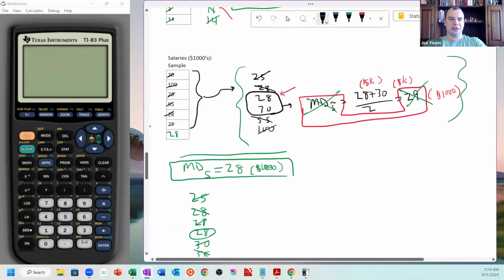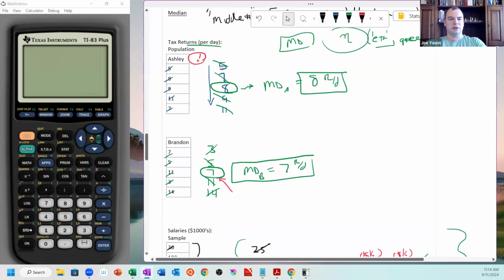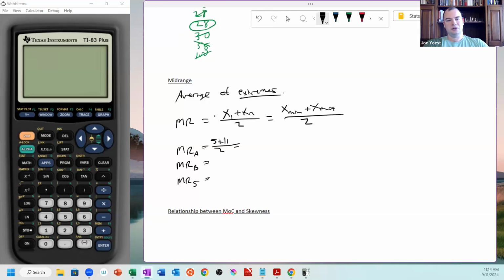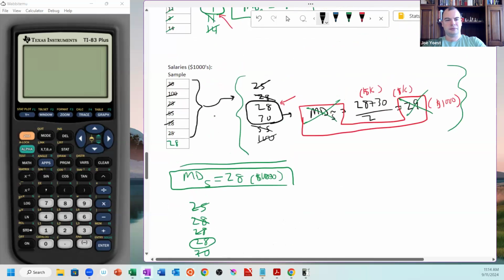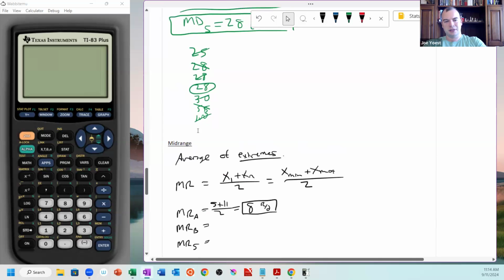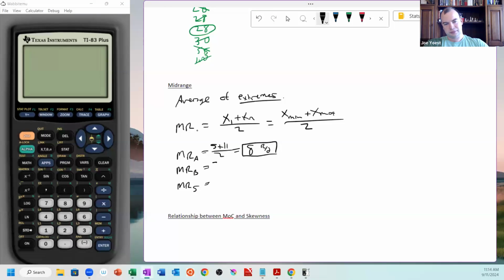It's the average of the extremes. So the mid-range for Ashley, her lowest value is 5, highest is 11. That's 16 over 2 is 8 returns per day for her mid-range. Brandon has 3 and 14 as his min and max data values. 3 plus 14 over 2.